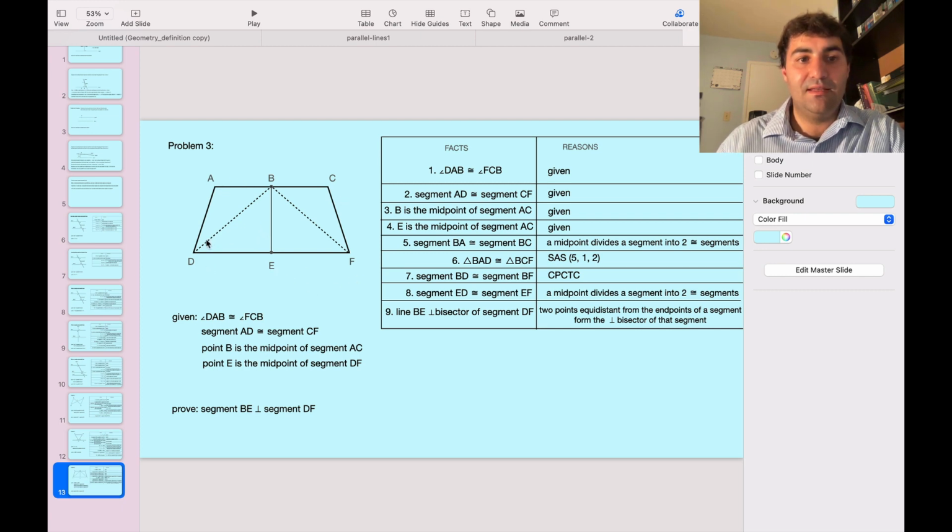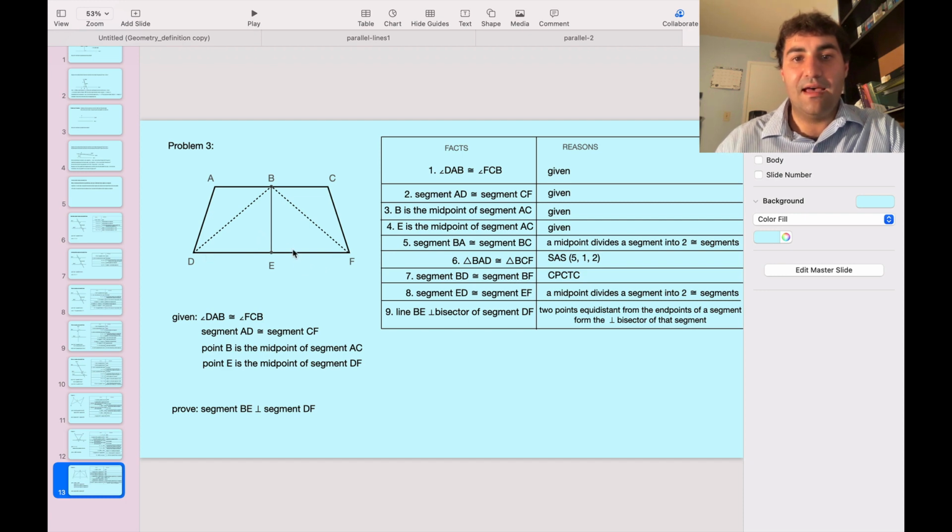We're given that angle DAB is congruent to angle FCB, that segment AD is congruent to segment CF, that B is the midpoint of segment AC, and that E is the midpoint of segment DF. And we want to prove that segment BE is perpendicular to segment DF.